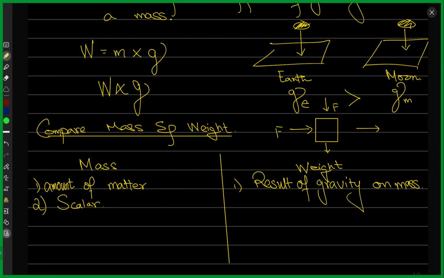It wouldn't matter if the atoms were moving in this direction or that direction, as long as they're in that volume or in that body, then there is mass. You just need some number to quantify mass. That's why it's a scalar, while weight, as we have talked about, is a vector quantity.